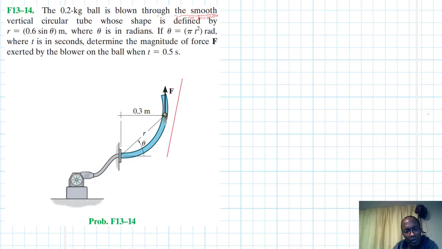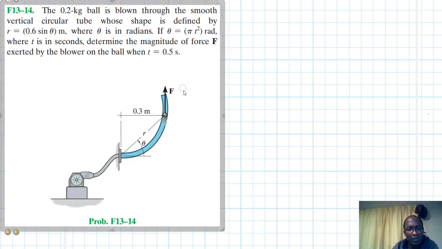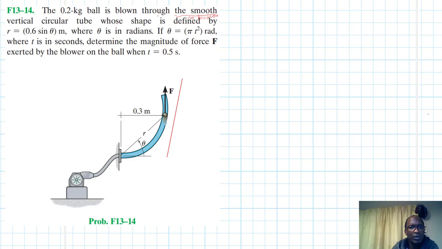Let's try and move this closer. Okay, maybe something like so. I think this is good enough. So that is the tangent line there.